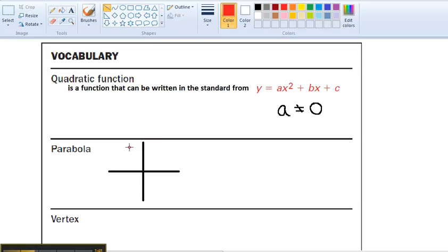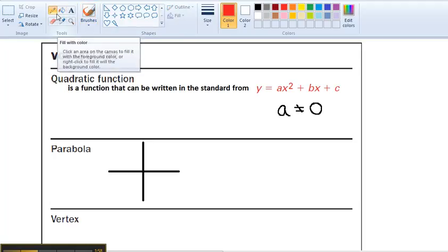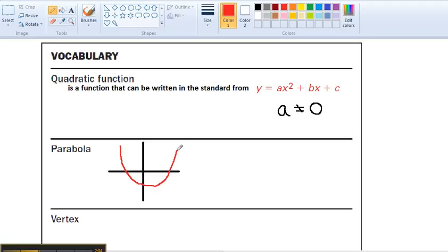Now I'm writing it like this, but it doesn't always have to go like this. It could be a little different. It could turn upside down, for example. But the way I'm going to write it looks like this. Okay, so that's good enough. It's a U-shaped graph, and it really comes from these quadratic functions here.